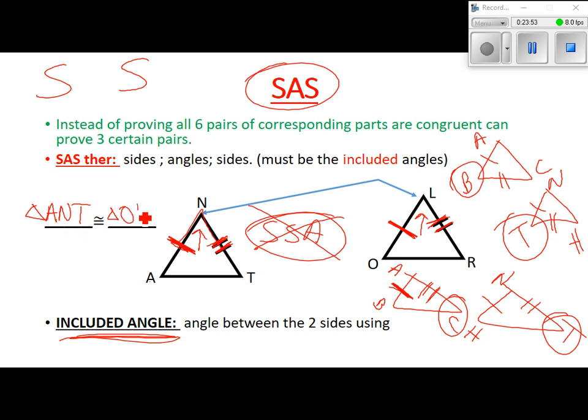L. And what's the T match up to in the other triangle? R. Is that the only way you could have named them? No, there's like 9 different ways you could have named them. Actually, 6 different ways, I think. 6 different ways you could have matched them up. That's one of them. Make sure you're using your symbol. Make sure you're matching them up correctly.